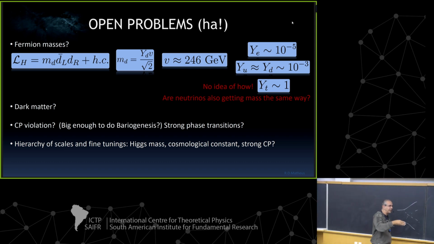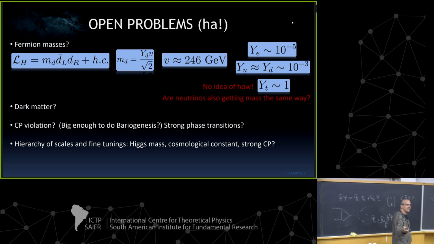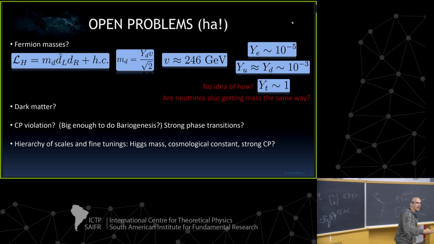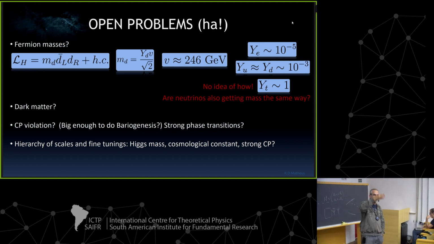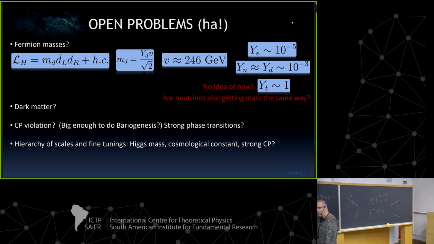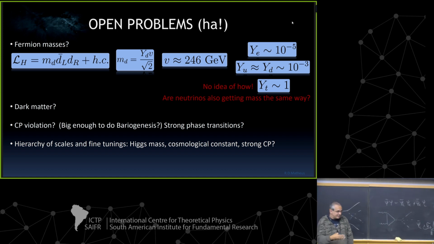That is closely linked to the fact that we also don't understand why we have 3 generations, not more, not less. Why these things repeat? The properties in each of these generations are exactly the same as the ones before, with the exception of the mass that gets heavier. That's the kind of thing that happened to the periodic table and made us suspect that something was behind it, and it's happening in the standard model.